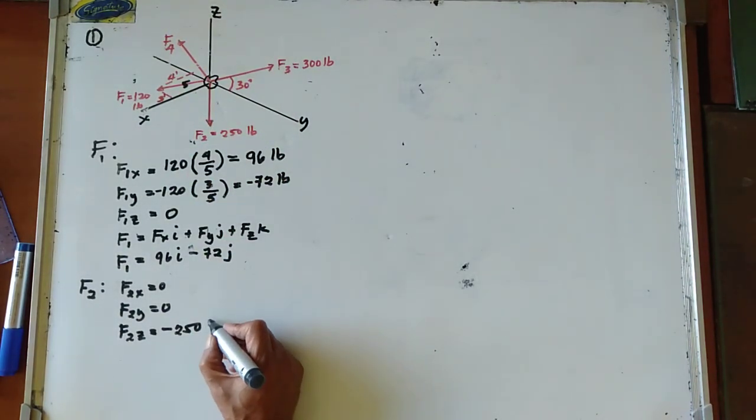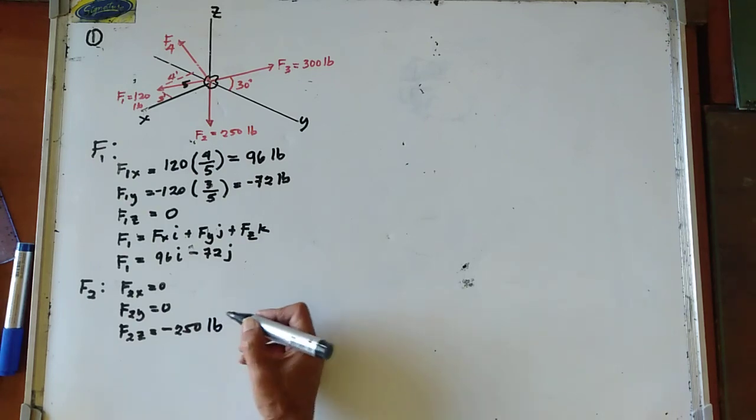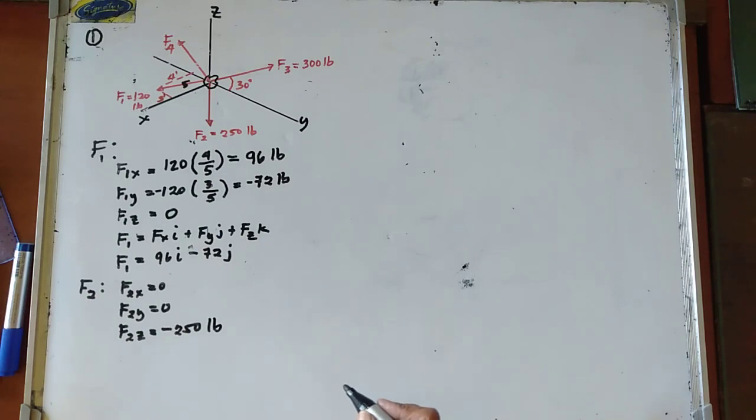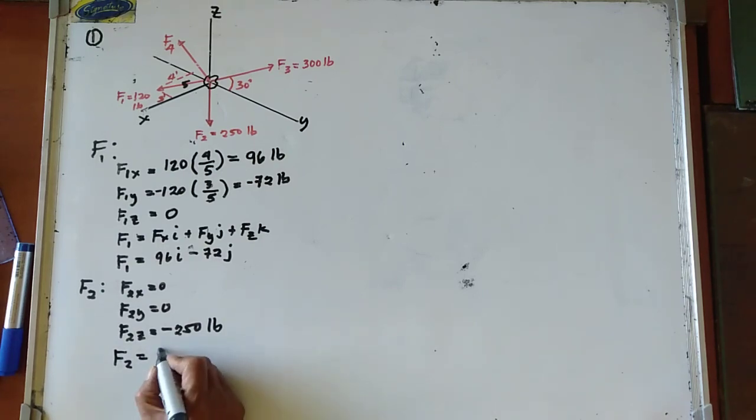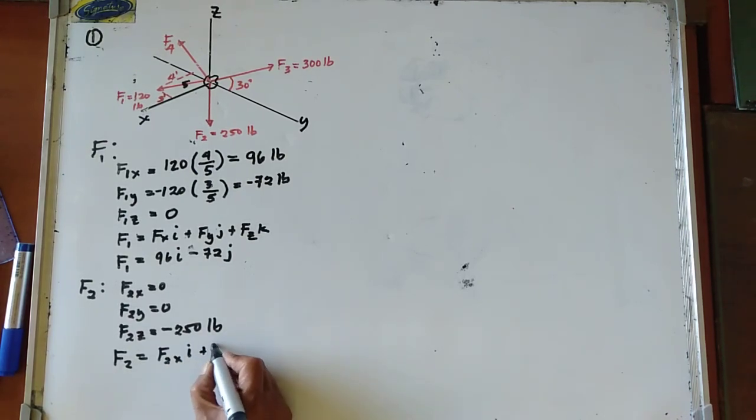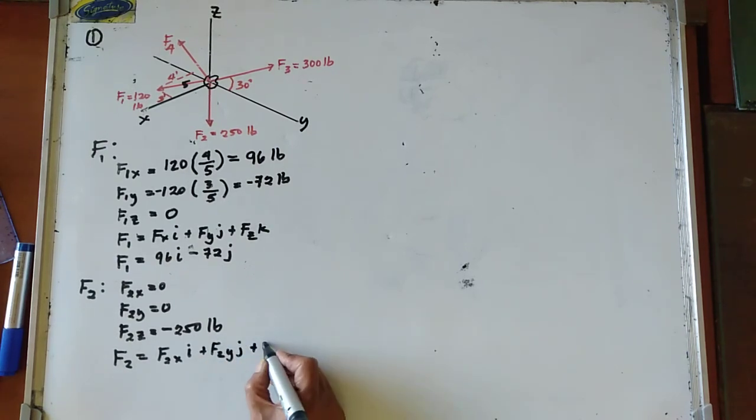Hence, this is negative 250 pounds. Now in Cartesian vector form, your F2 is F2x i plus F2y j plus F2z k.